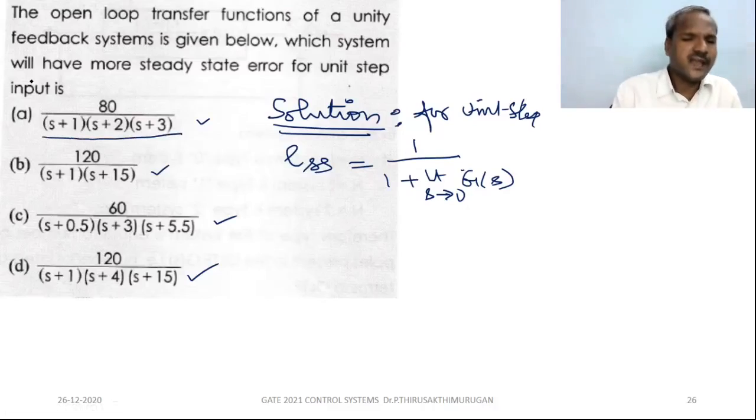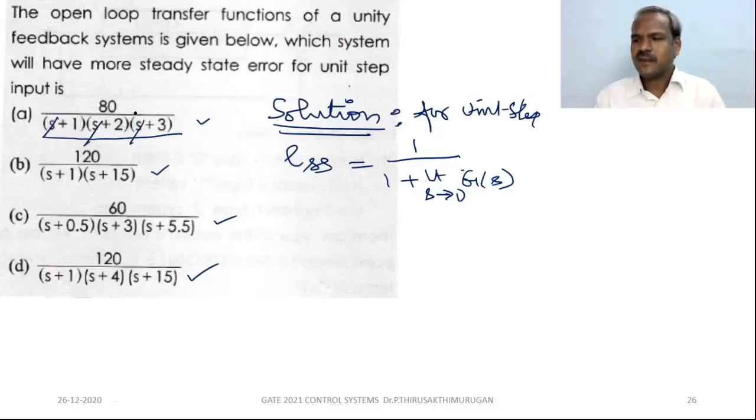So we get 0, 0, 0. What is remaining? 1, 2, 3. 2 into 3 is 6. So 80 by 6.